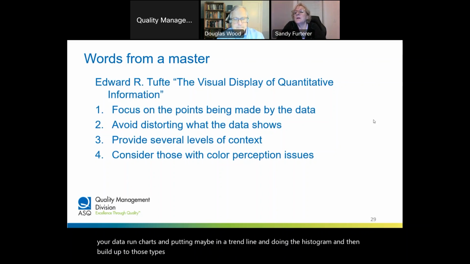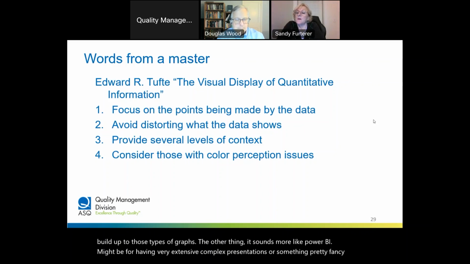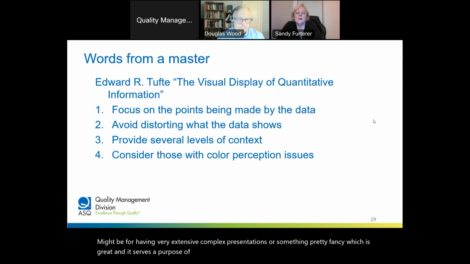The other thing, it sounds more like Power BI might be for having very extensive, complex presentations or something pretty fancy, which is great, and it serves a purpose of telling a story. Again, it's to the point of what Doug was saying, what is your purpose.